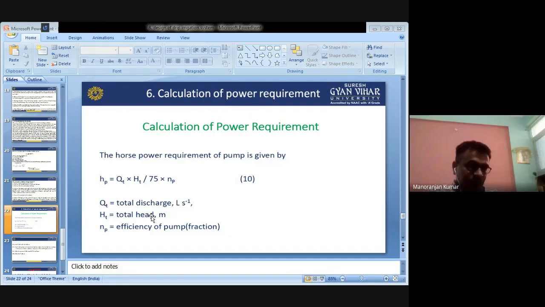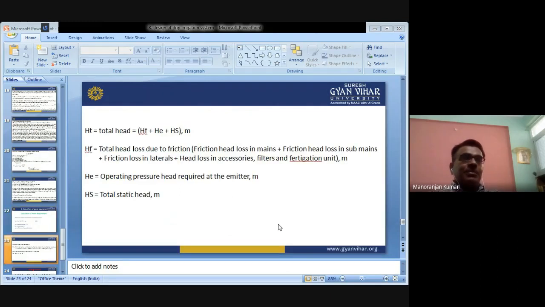And here NP is the efficiency of the pump. So in this way you can calculate the horsepower. Here HT is the total head.